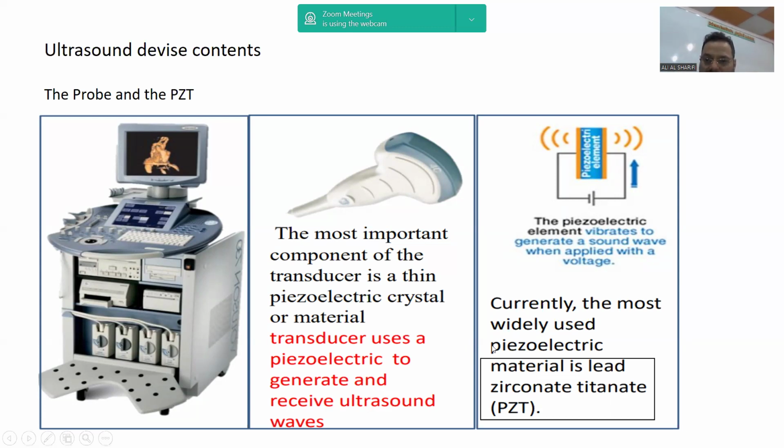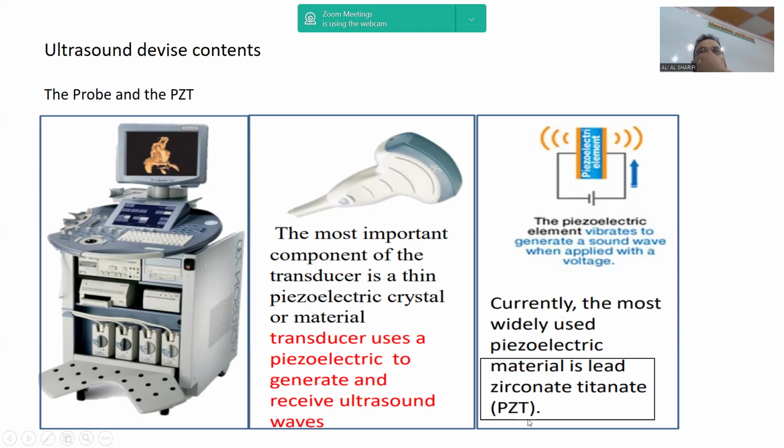Okay? Here, by applying a different potential, this piezoelectric starts to vibrate to generate a sound wave when applied with a voltage. Currently, the most widely used piezoelectric material is lead zirconate titanate, PZT.